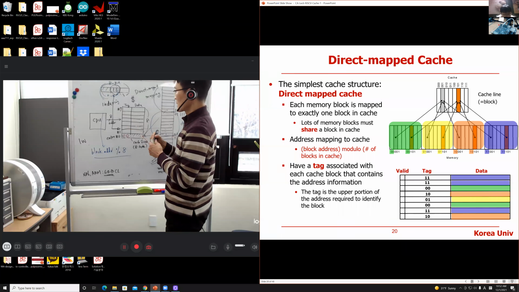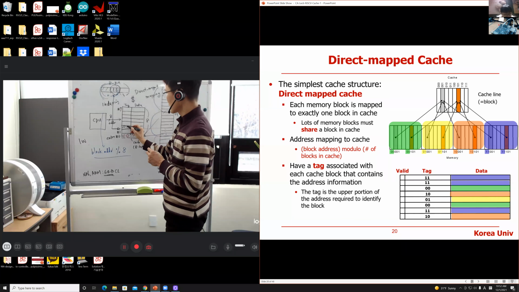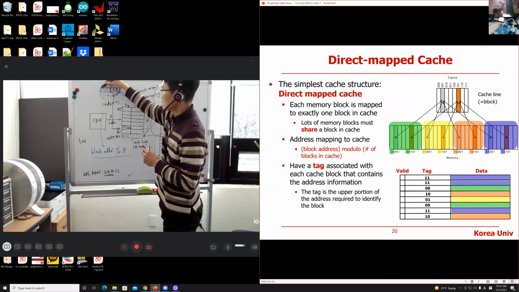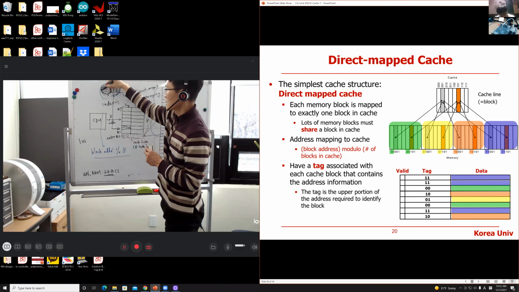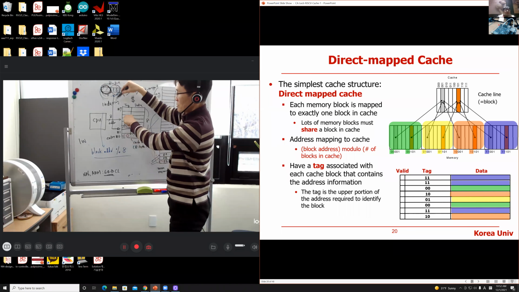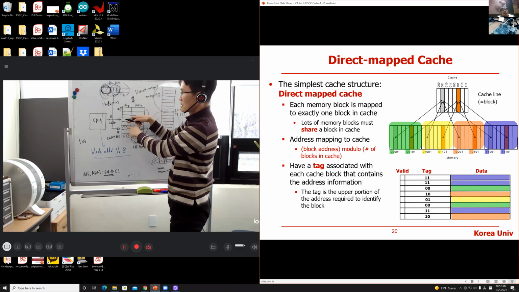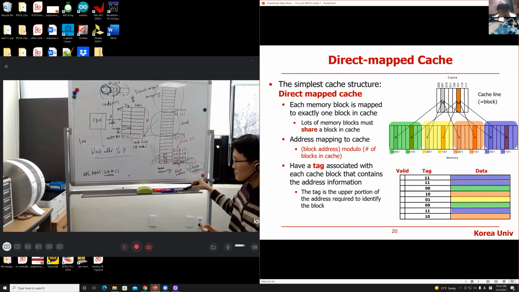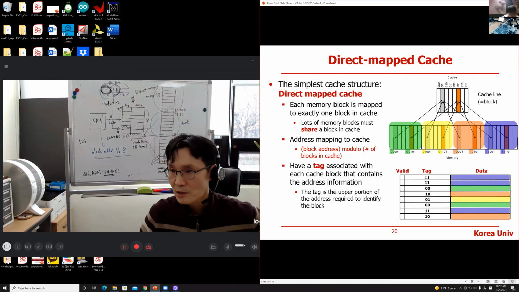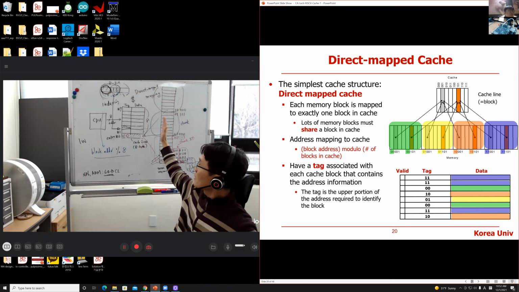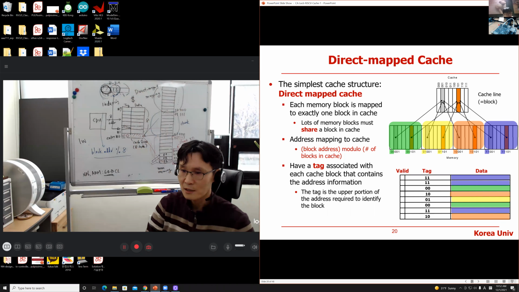Then compare the tag information against the chunk ID. If these two are equal, then there's a cache hit. Same mechanism for mapping and indexing.